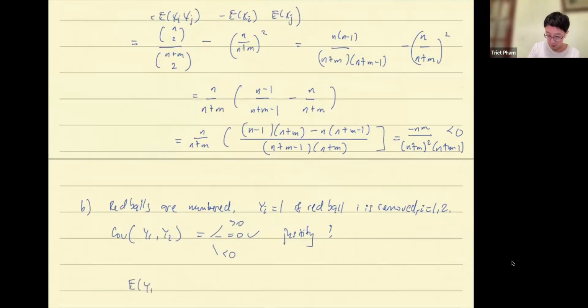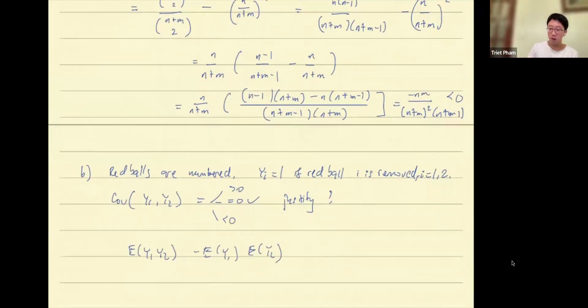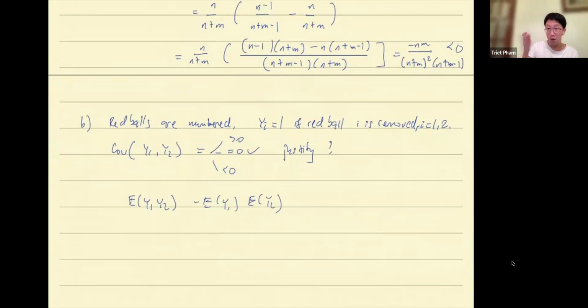Again, it's the expectation of y1 y2, minus the expectation of y1 times the expectation of y2. But notice now the balls are numbered, so it's a particular ball. So each of these is 1 over n plus m. Well, y1 y2 means both of these are removed.